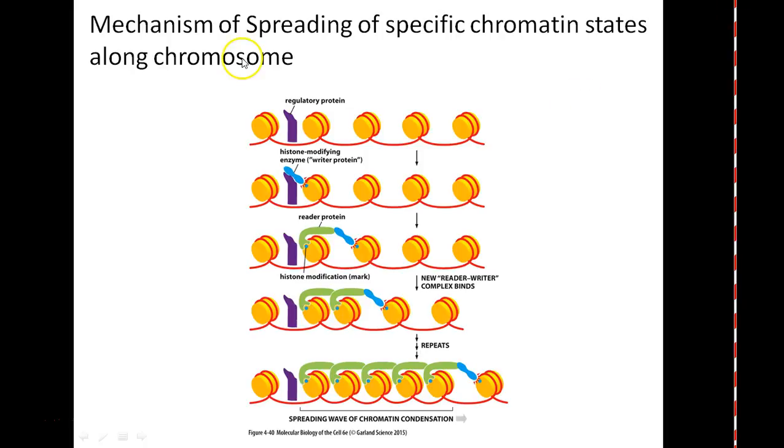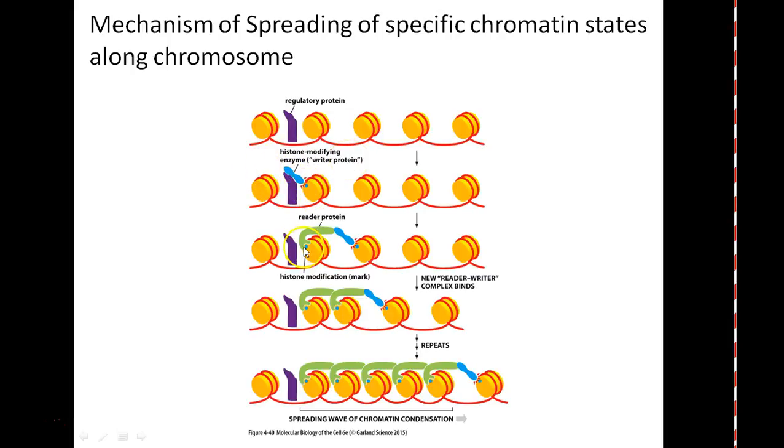So here we have a process of spreading, so establishing specific chromatin and spreading of the chromatin states along chromosomes. So it all starts with the regulatory protein here in blue, and this regulatory protein is able to recruit a histone modifying enzyme. So this would be the writer protein. This could be a histone acetyltransferase.